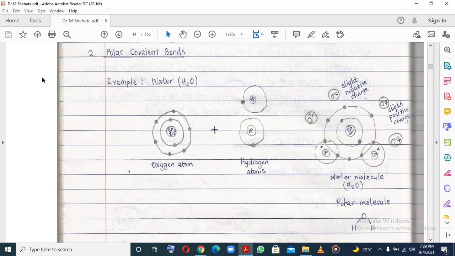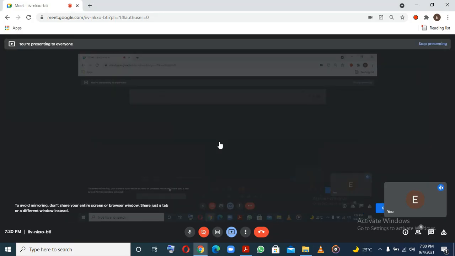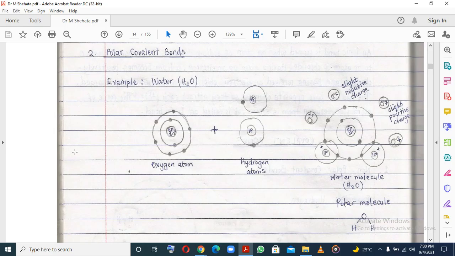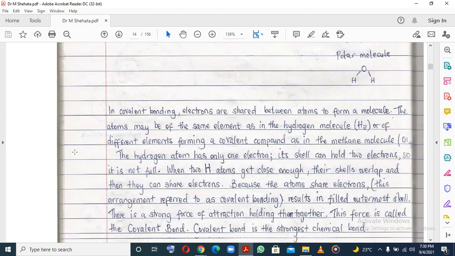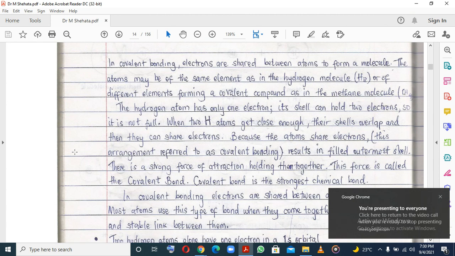So because oxygen has a higher electronegativity than hydrogen, and the difference is quite considerable, the oxygen atom is going to have a slightly negative charge, whereas the hydrogen is going to have a slightly positive charge. We talked about that yesterday, but I just wanted to make mention of it.